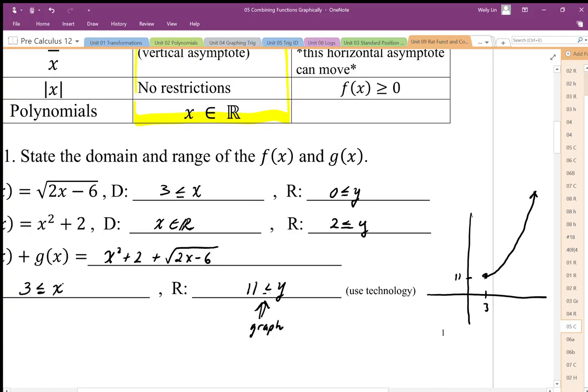And so we can use that left-hand edge point as our smallest y value, in this case 11, and the right-hand edge, which is unlimited all the way to infinity, becomes our maximum value, which is infinite. And so we can justify this graph by using some properties of the graph that we know. In this case, we analyzed it by the increasing nature of this graph. This whole graph was strictly increasing, so the left edge would be the minimum, and the right edge would then be the maximum.